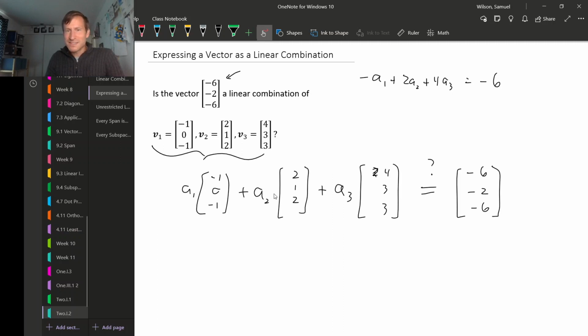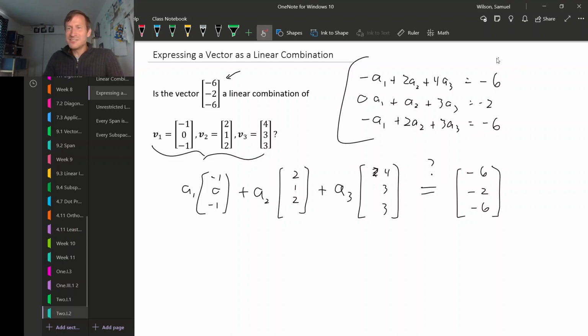And then going across the second entries, we get 0 times a1 plus 1 times a2 plus 3 times a3 equals -2. And just to be complete about it, I guess I'll finish writing it out. -a1 plus 2a2 plus 3a3 is equal to -6.